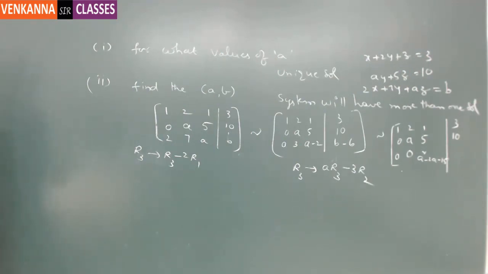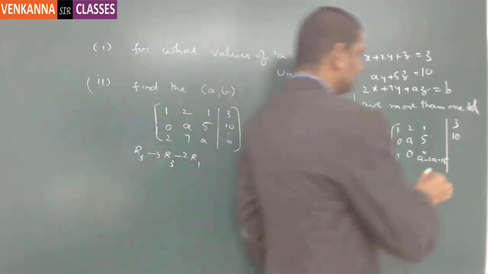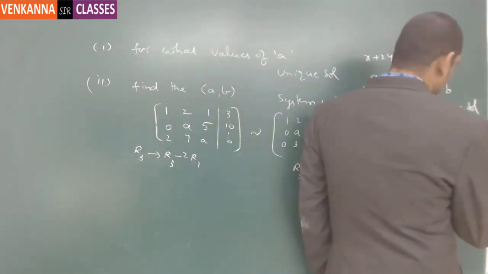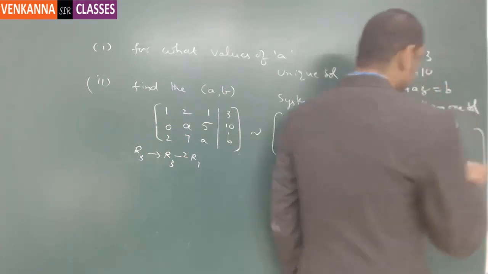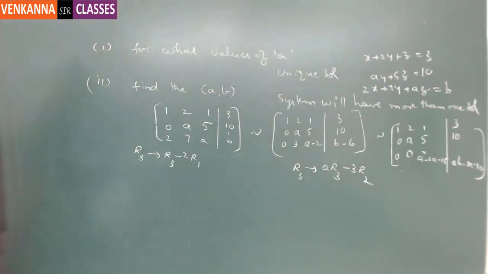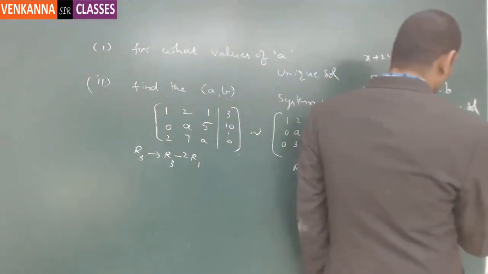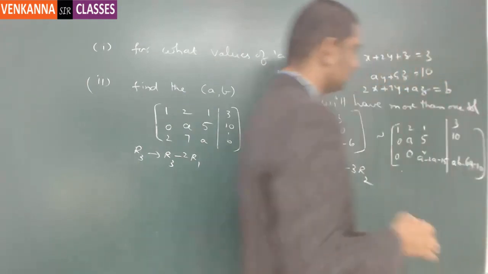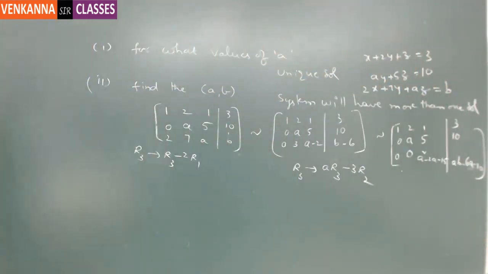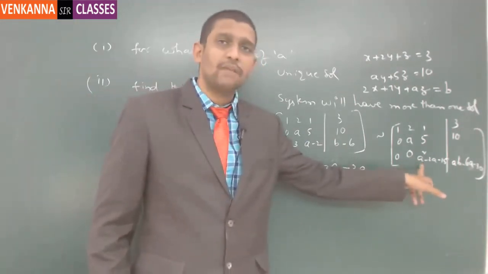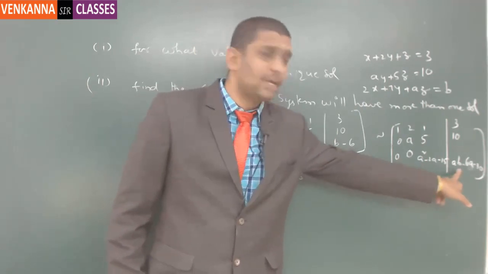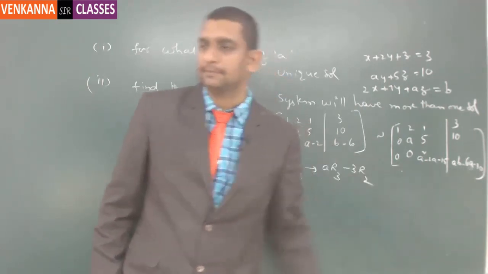And on the right hand side, you will have ab minus 3a minus 30 minus 6a. Is it visible to you clearly? So this part is a square minus 2a minus 15, and the right side is ab minus 6a minus 30.